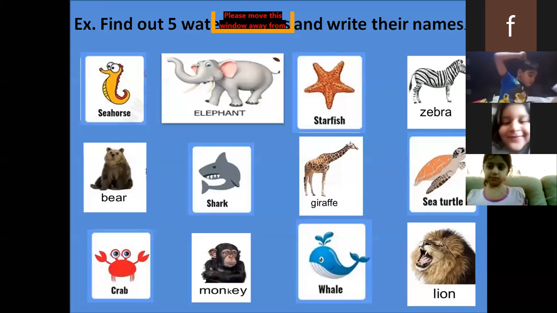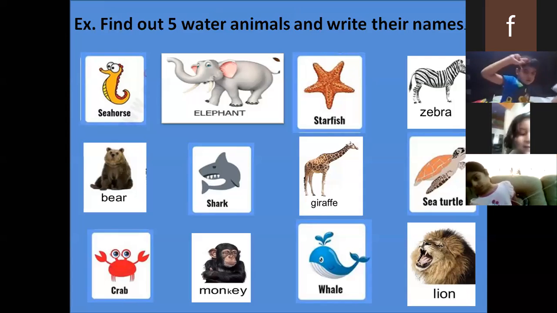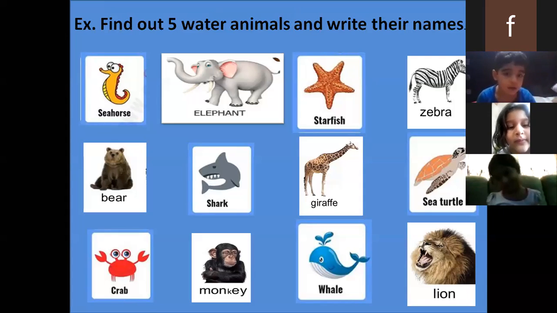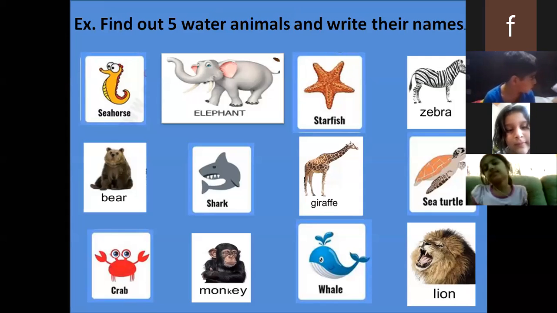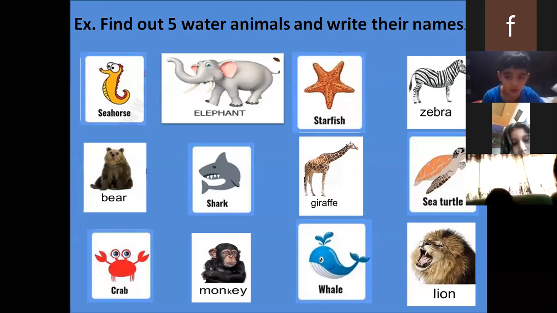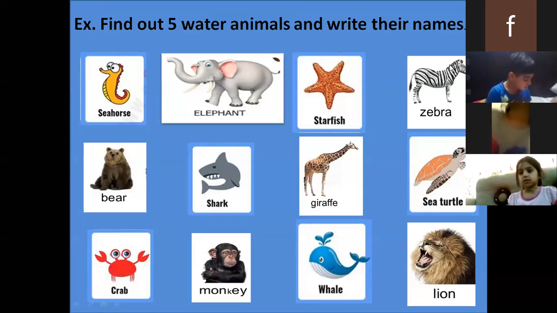Now you have pictures, you can see different pictures on the screen. Now you have to find out 5 water animals and write them on your rough registers. Okay, quickly, I'm giving you 2 minutes. Look at the pictures and write 5 water animals.